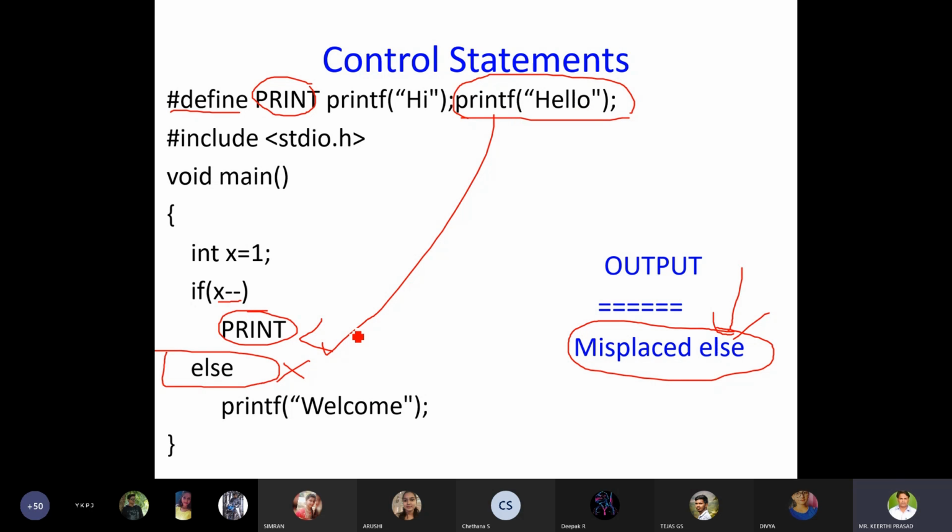There are two printf statements after the if. So the initial value of x is 1. 1 minus minus, post decrement. Okay, assume this is true.